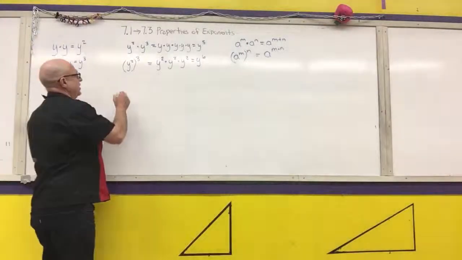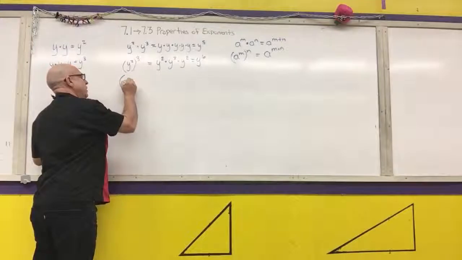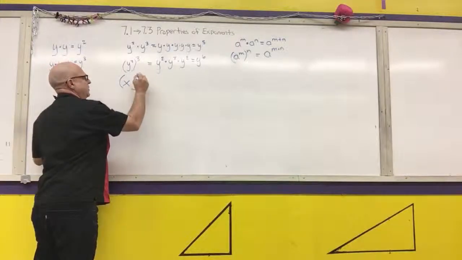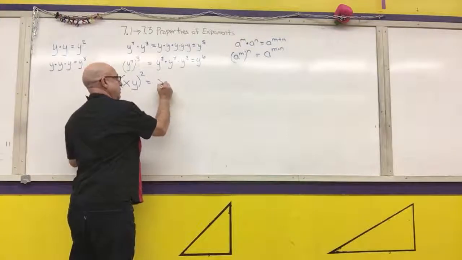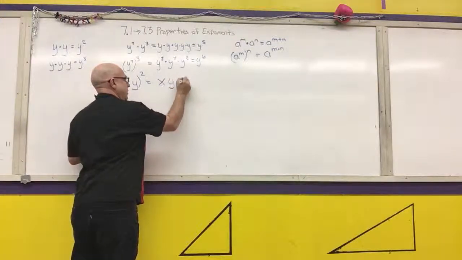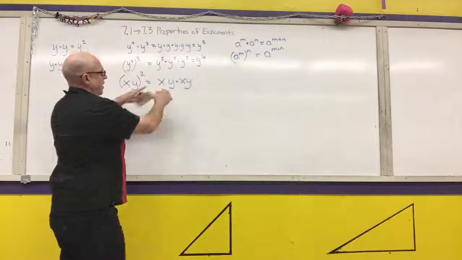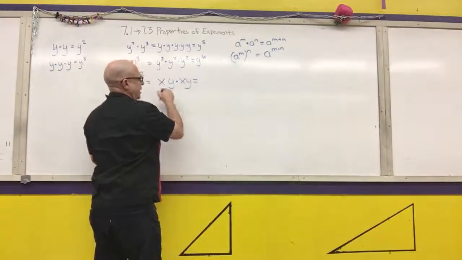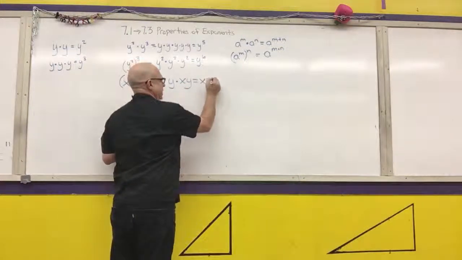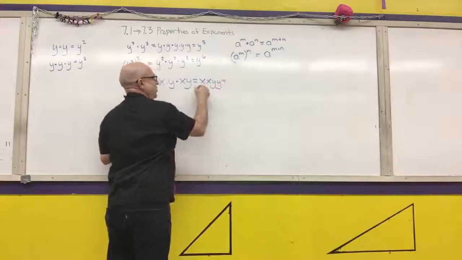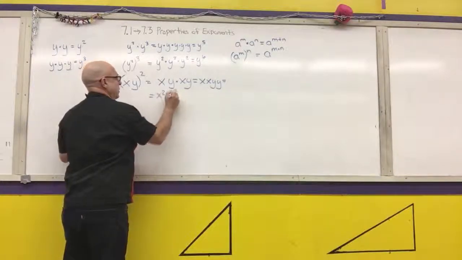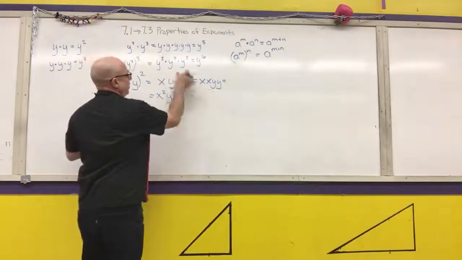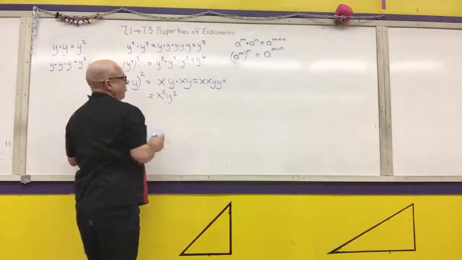The next property deals with if I have two separate things raised to a power. What this says to do is take xy times xy. Multiplication is commutative, so I can write it in any order I want to. So that's xx, yy, which would be x squared, y squared. This intermediate work that I'm showing on all of these is not required.